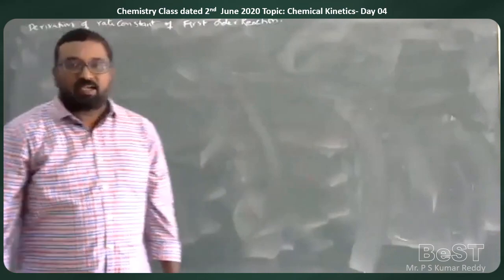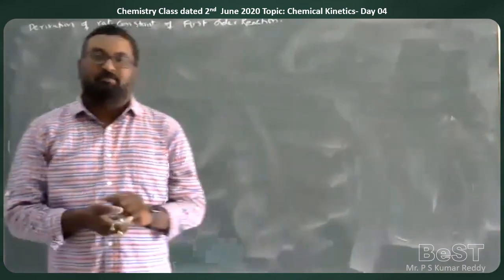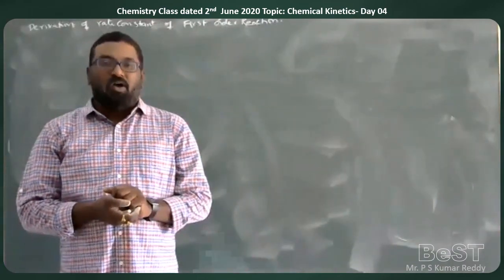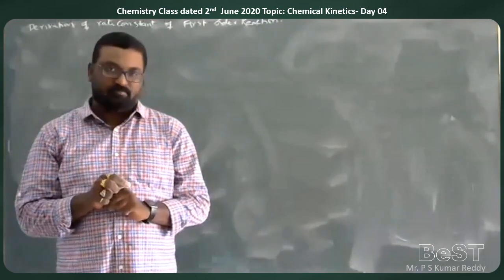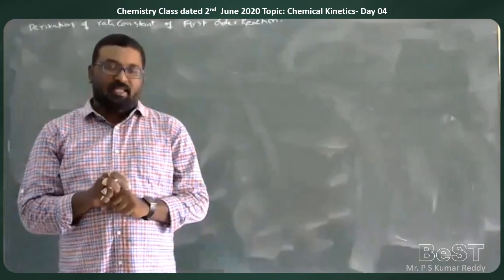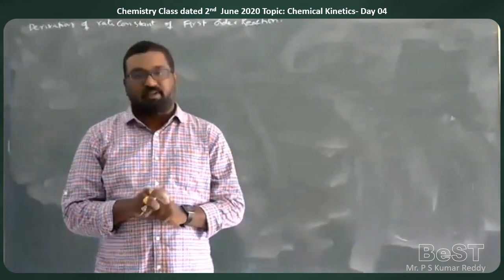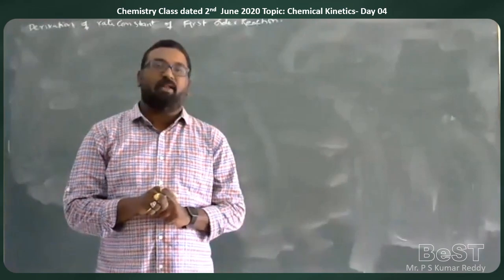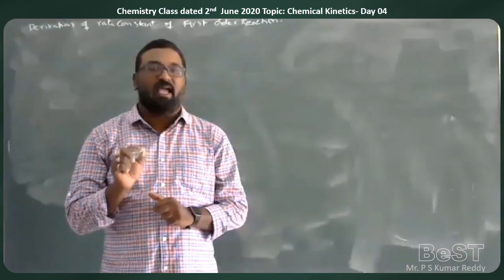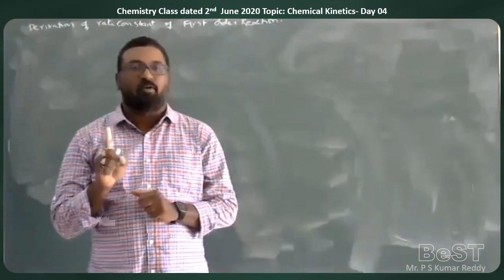What is a first order reaction? A reaction in which the concentration of the reactants is raised to the power of 1. Such reactions are called first order reactions, where the rate of the reaction depends only upon the concentration of one of the reactants, which is raised to the power of 1.